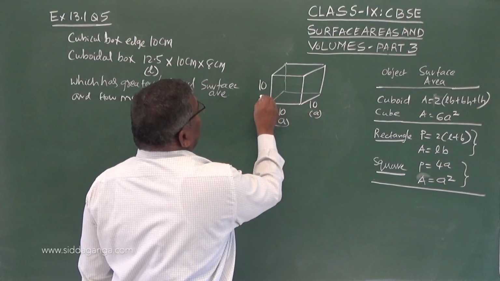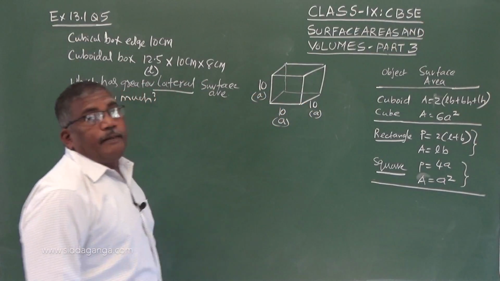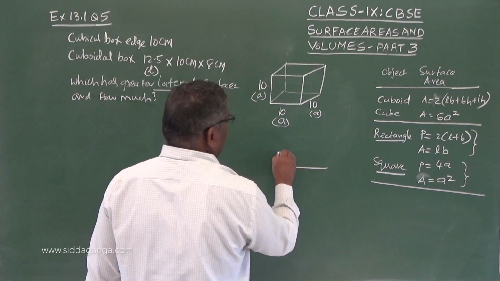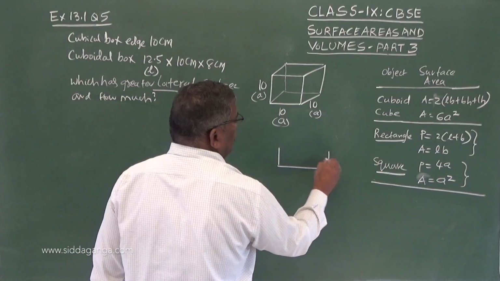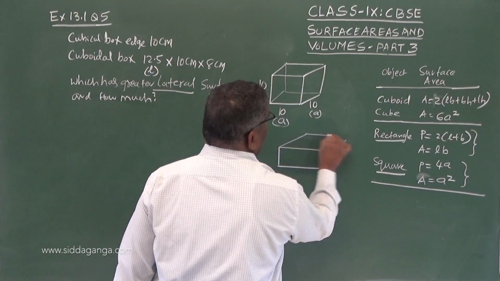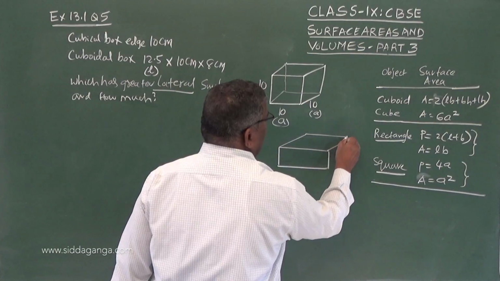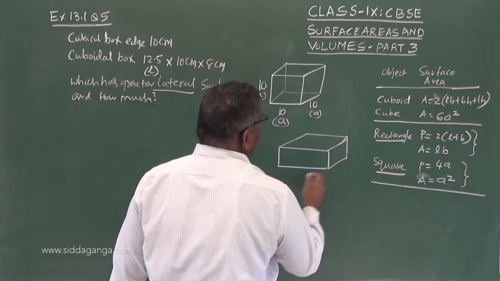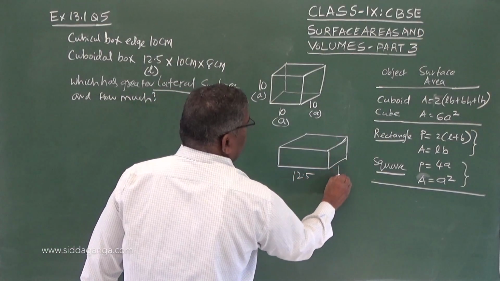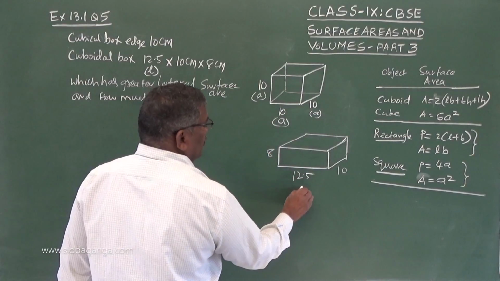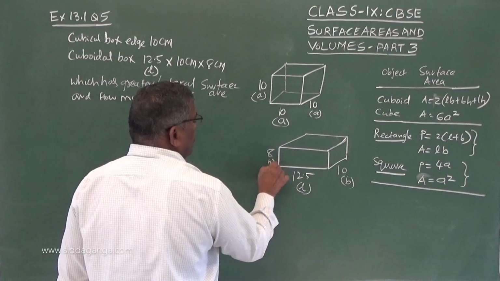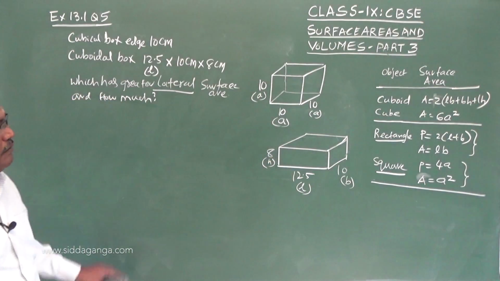This is also a. This is also a. And the cuboid is this. So this is 12.5, 10 and 8. This is L, B, H.